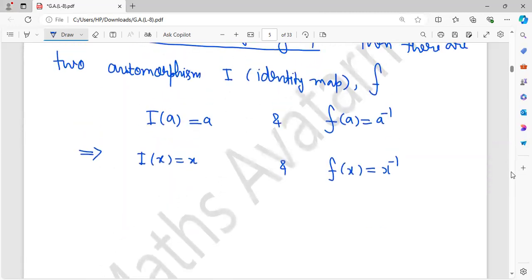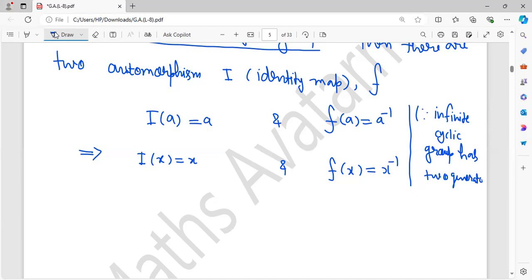So this is happening. I am writing in bracket: every infinite cyclic group has two generators, A and minus A. Once you know A is a generator, minus A will also be a generator.